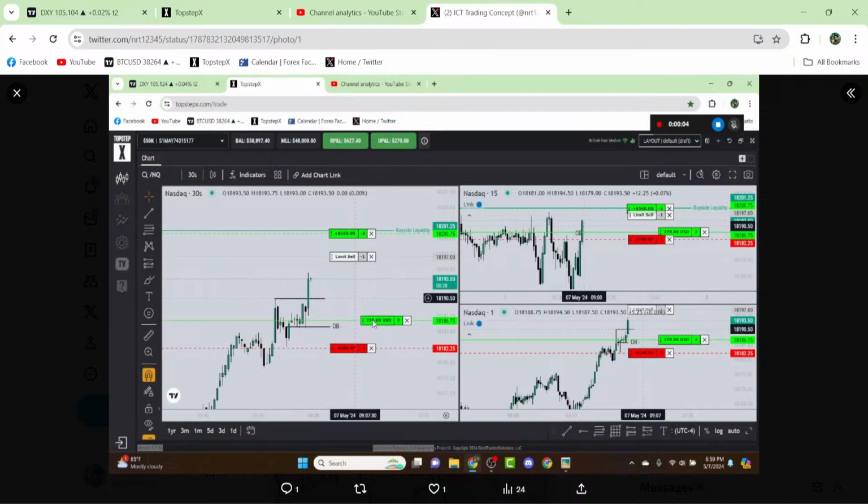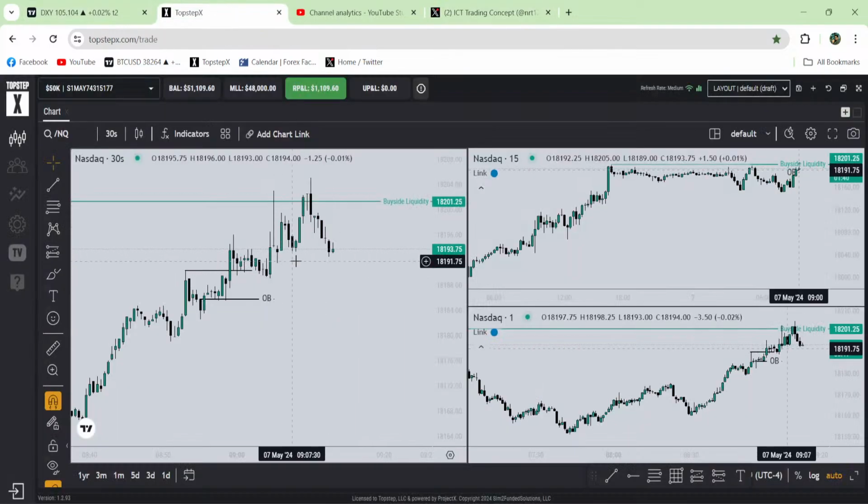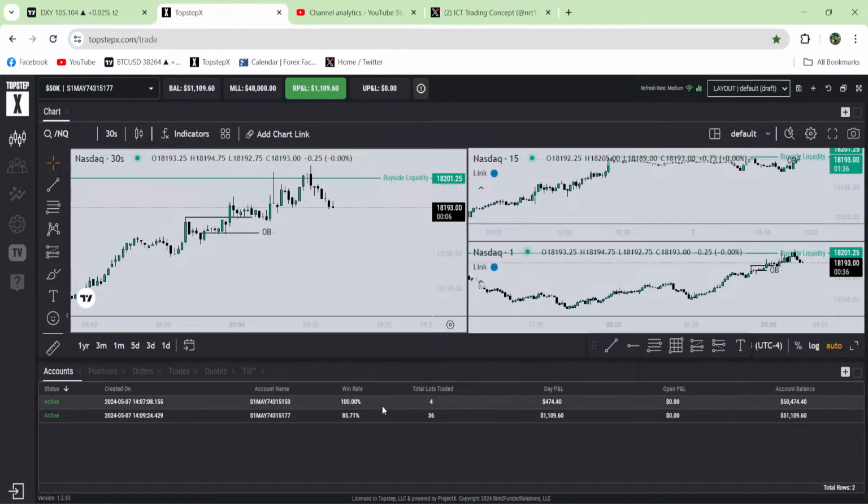That was my stop loss around that area. Sorry, this is the stop loss, this is the entry, and that was the target. Here it just hit my target and went lower.